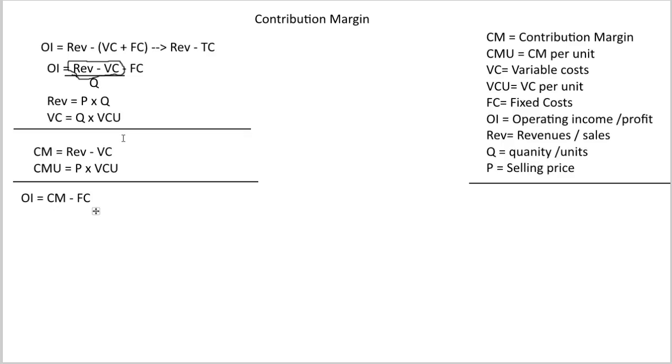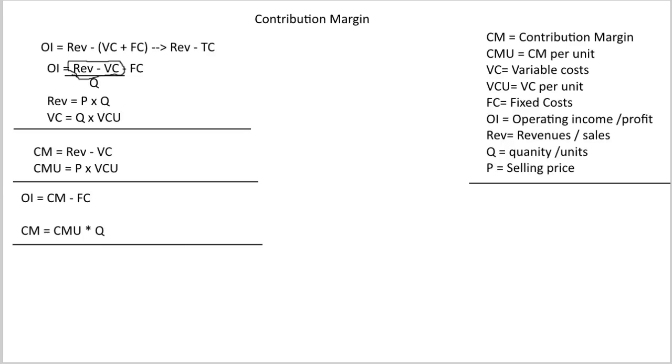And lastly, logically, if you only have your contribution margin per unit, you take your contribution margin per unit and times it by the quantity sold to get your contribution margin. So really, the contribution margin is not such a difficult concept.